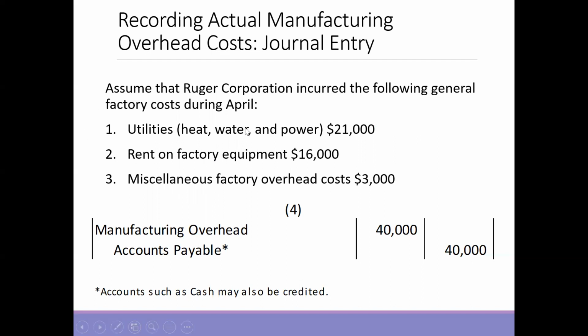Utilities, $21,000, rent, $16,000, and miscellaneous factory overhead, $3,000. So all of this totals $40,000. It all goes straight into the account manufacturing overhead. And we're assuming accounts payable, we could have paid cash for it, but right now we're just showing it as accounts payable.